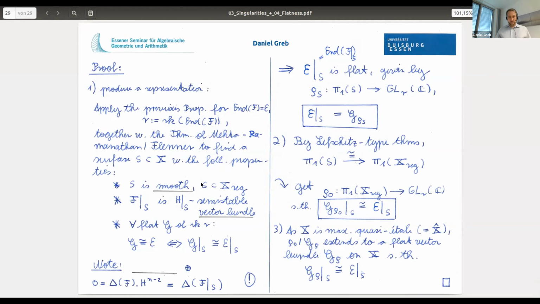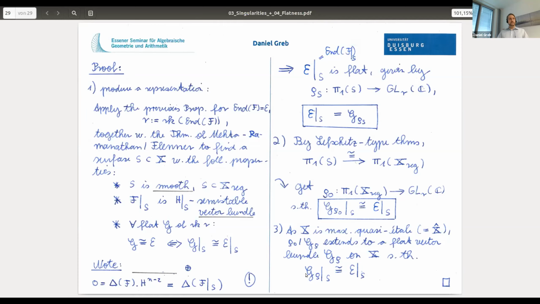And now, since everything here is functorial, this passage from the representation to the vector bundle: I started with this representation of pi1 of S, and I extended it to this representation rho on the whole space.